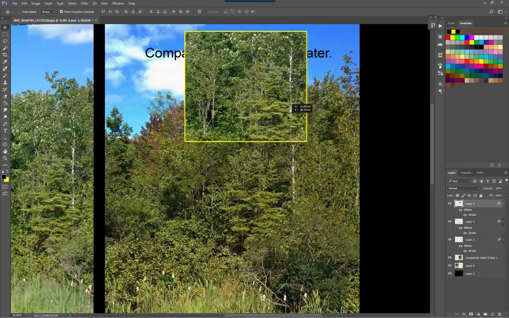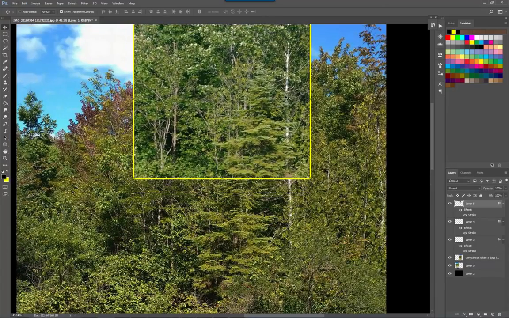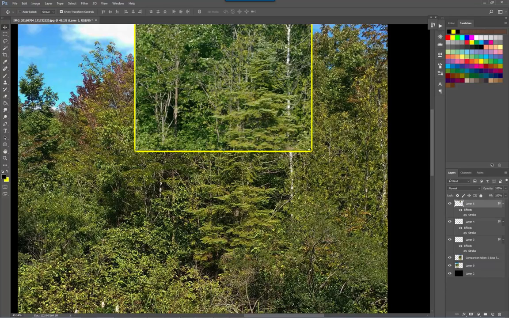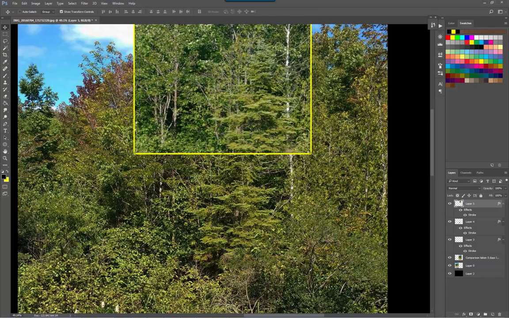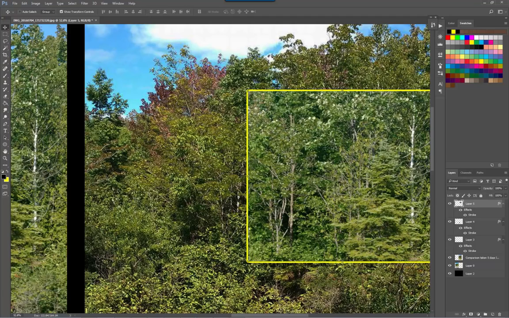Like I say, it's not going to be 100%. This is this tree, and we have these trees coming down here as well, and this tree is this tree. So we have 1, 2, 3, 1, 2, 3 here, and we have this bend here and this one.